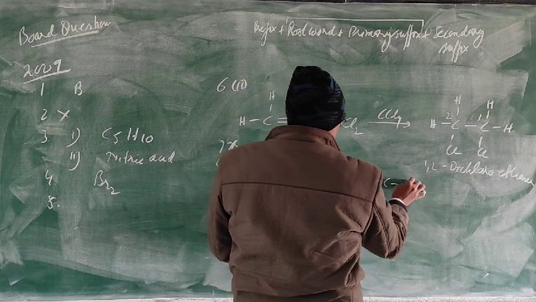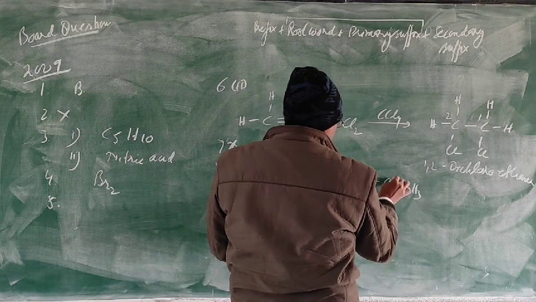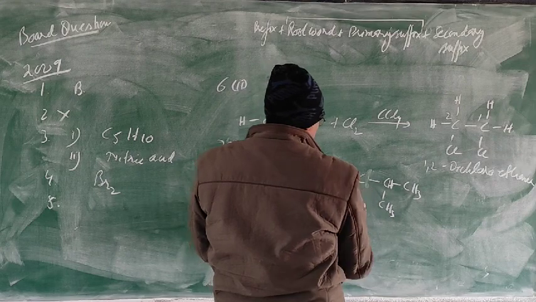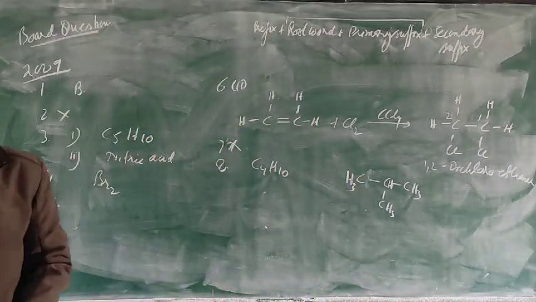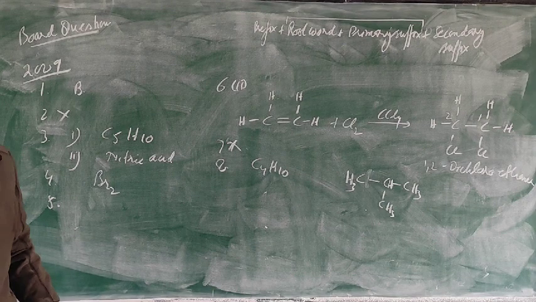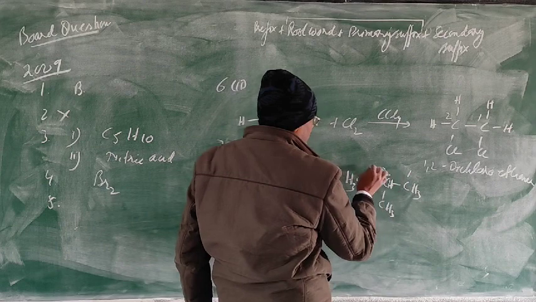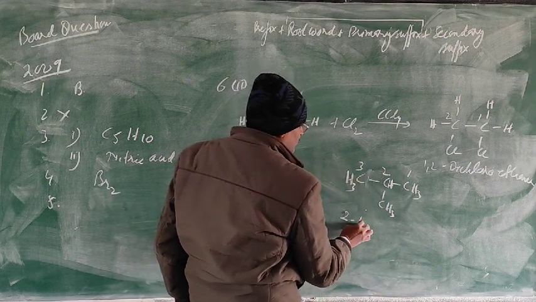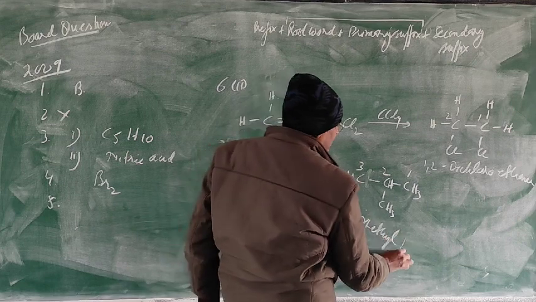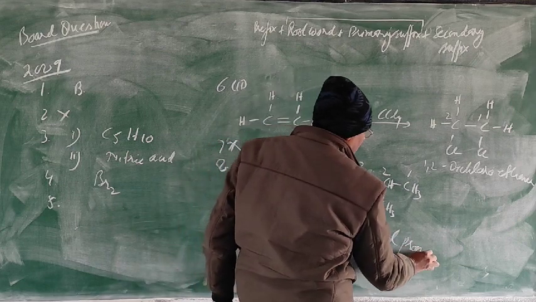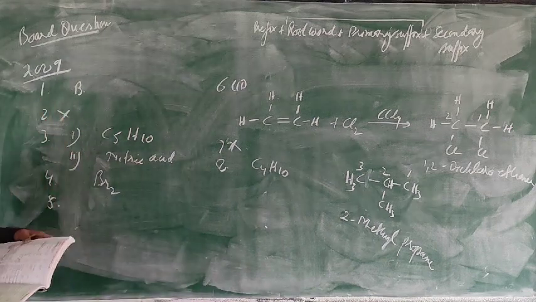This branch chain isomer is isobutane. They are asking the IUPAC name, so you can write 2-methylpropane. This question is also very important, many times asked in board paper.